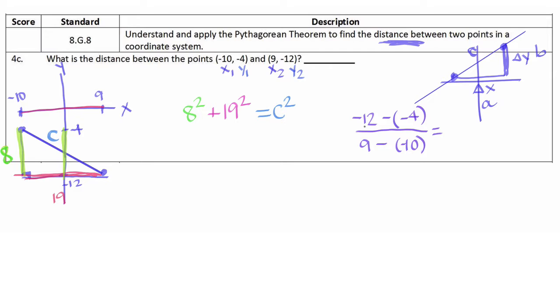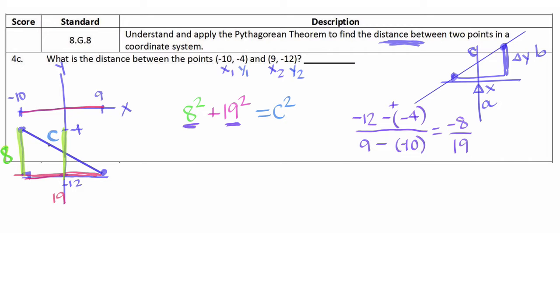So -12 minus negative turns into plus. So -12 plus 4 is -8. And then 9, take away -10, 9 plus 10 is 19. Now we're finding distance, so we don't need negative when we're finding distance. That just says it's 8 spaces long. This is 19 spaces long, which is where I got this 8 from, and this 19 from.